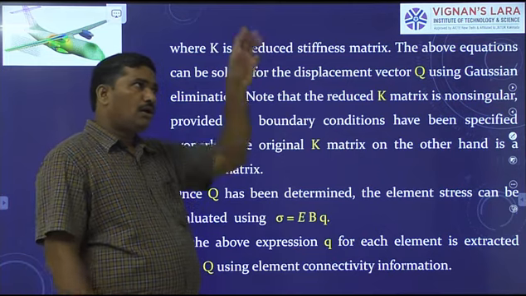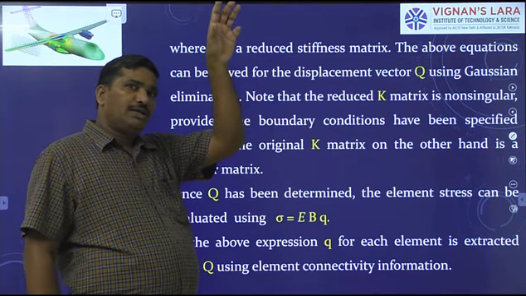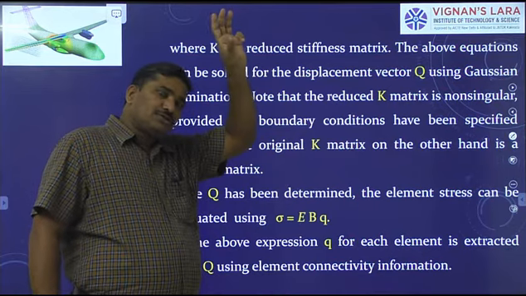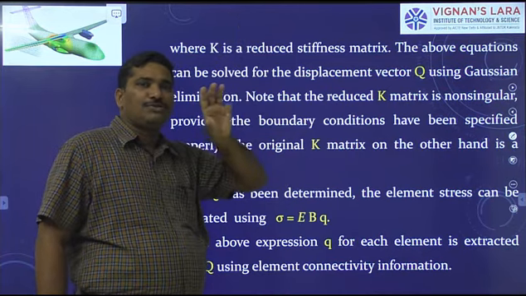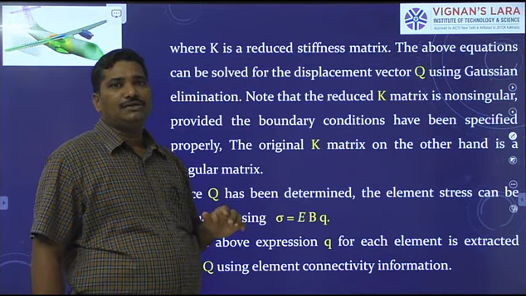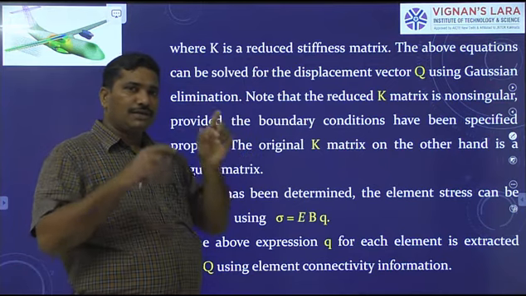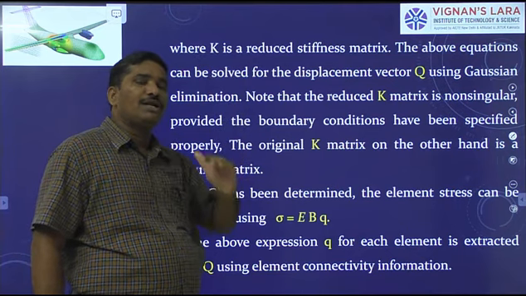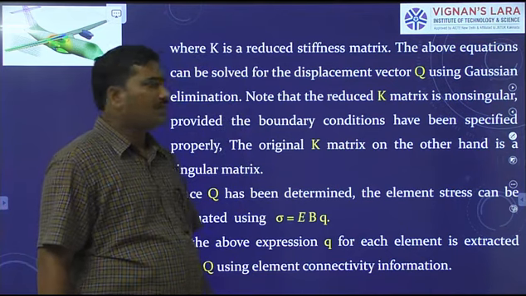You get the nodal displacements. If first nodal displacement is known, after solving the equations of equilibrium KQ equal to F, you get remaining nodal displacements. Understand?